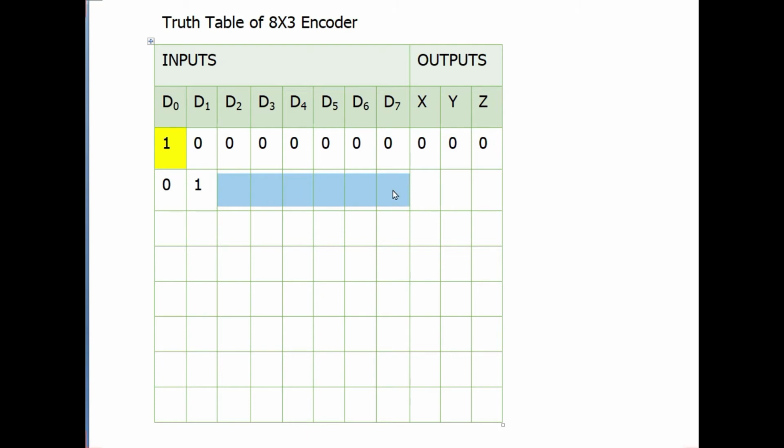So the D1 will be encoded. What is the equivalent binary value for 1? 0, 0, 1, correct?